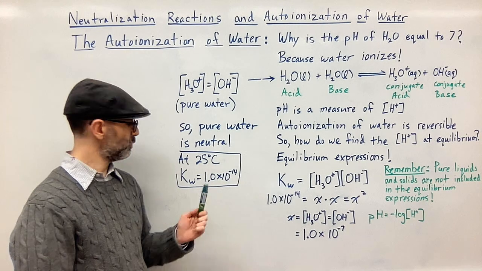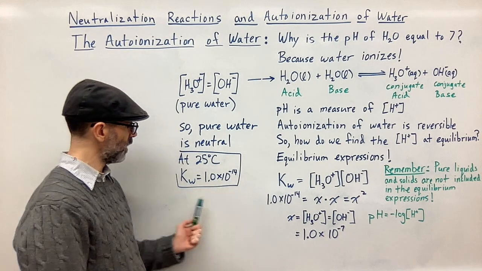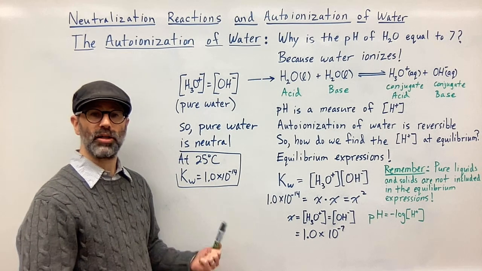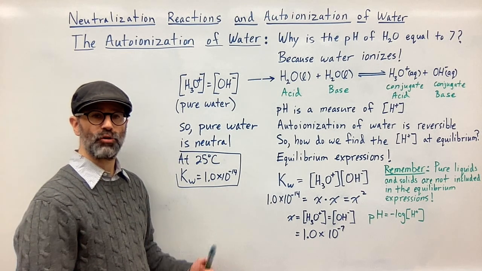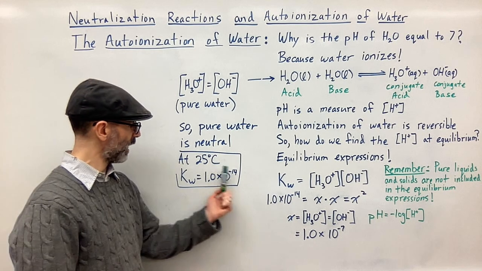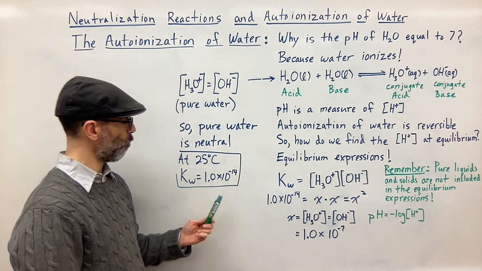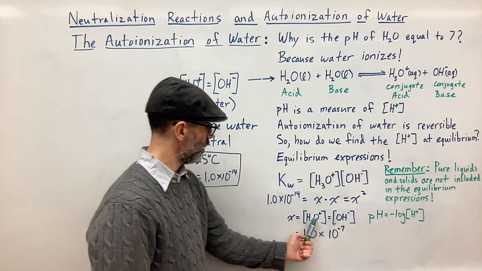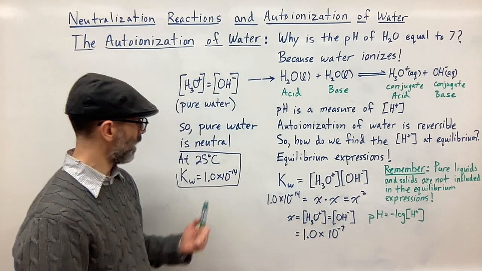And the reason for that is because the equilibrium constant here is temperature dependent, like all equilibrium constants. So you change the temperature, you're going to change the constant, and therefore you're going to change the concentration of H plus and OH minus.